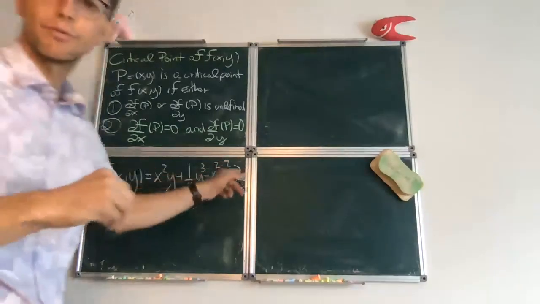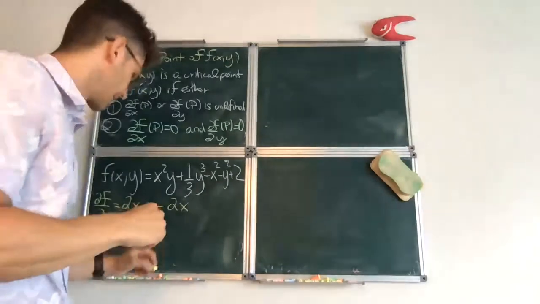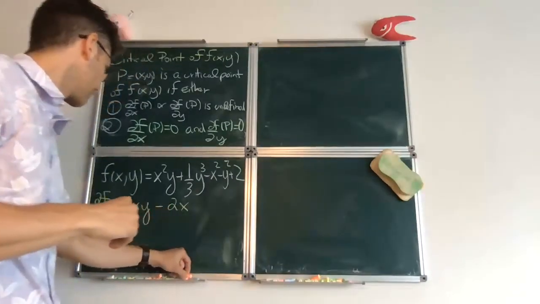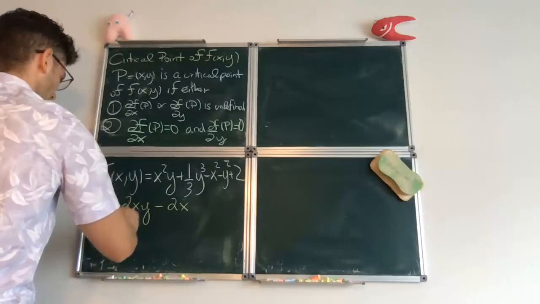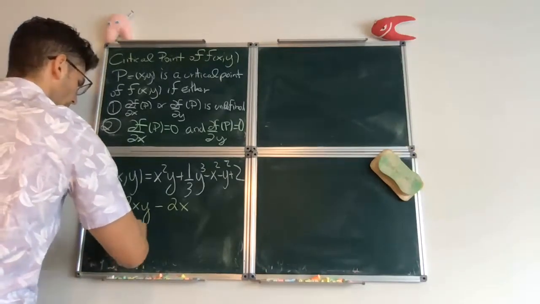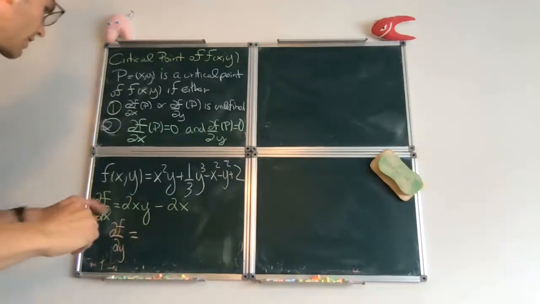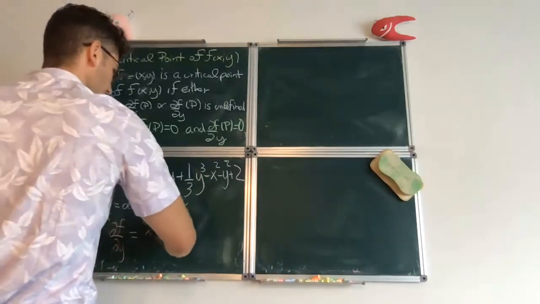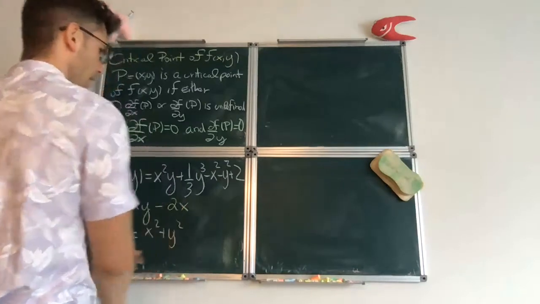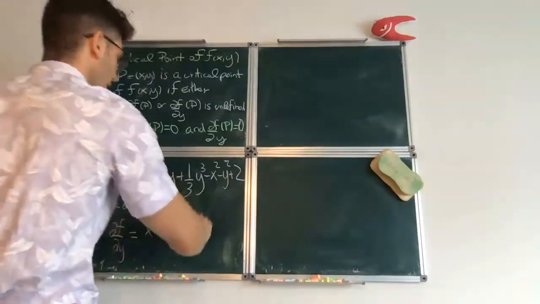And the other remaining terms also go away. On the other hand, if you take the partial derivative with respect to y, then you get x squared plus y squared minus 2y.